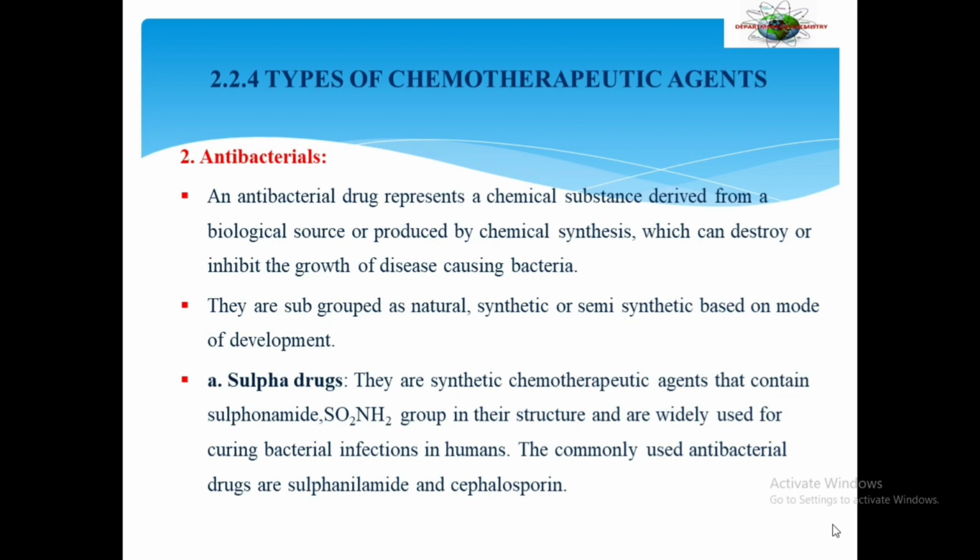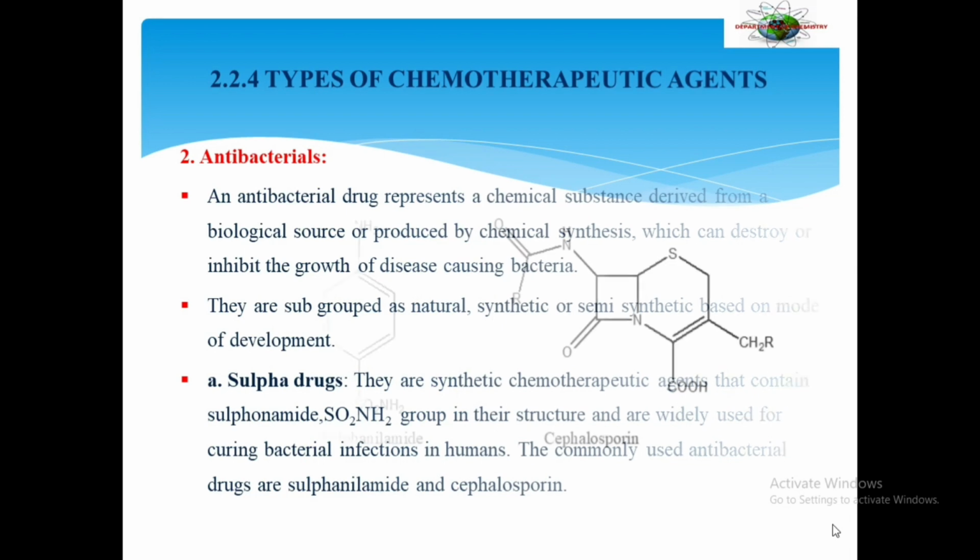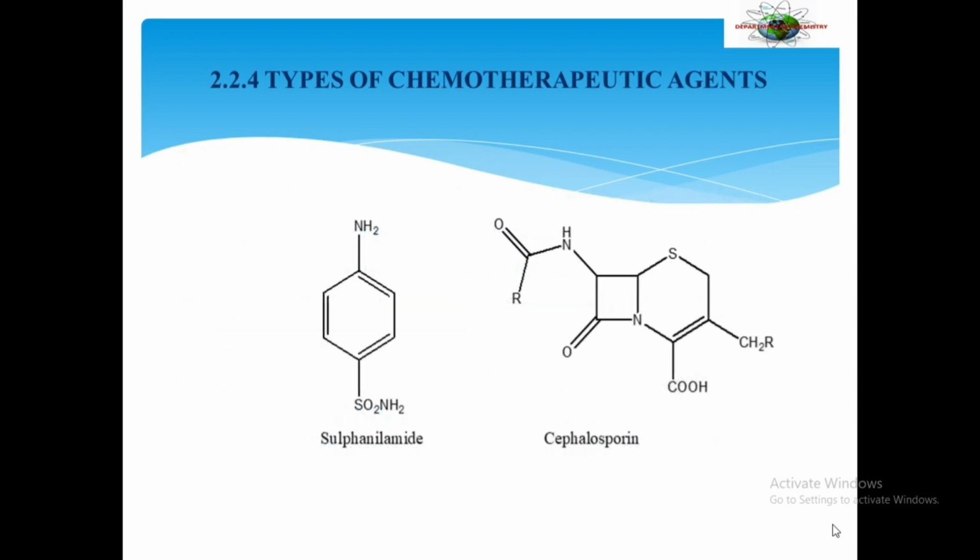The commonly used antibacterial drugs are sulfanilamide and cephalosporin. These are the structures of sulfanilamide and cephalosporin. In sulfanilamide we have the SO2NH2 group, and in cephalosporin we have S and amide groups also.